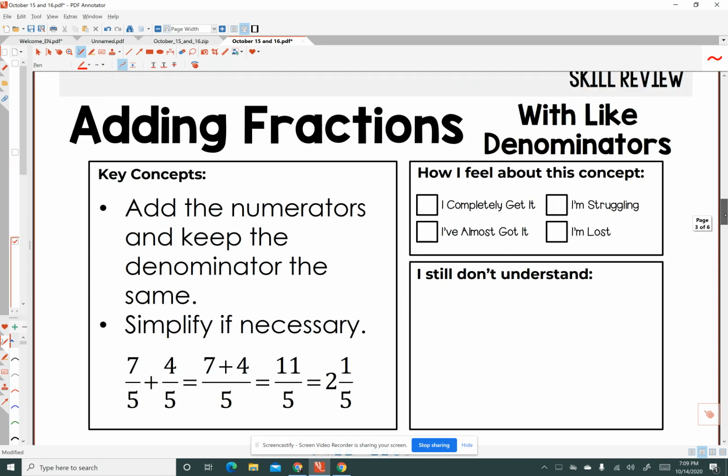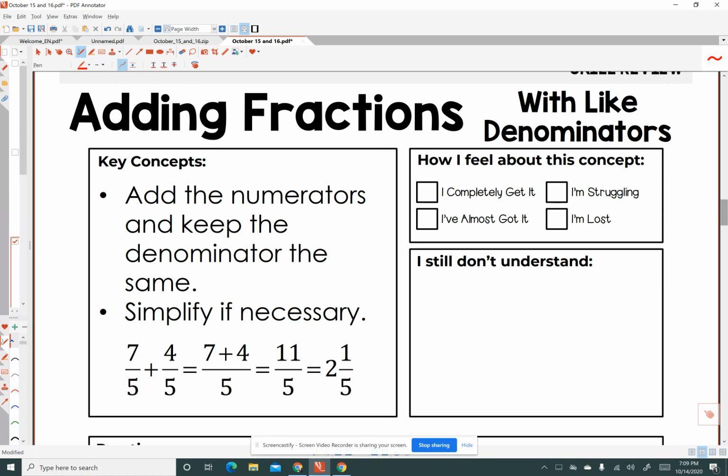First, we're going to start with fractions that have like denominators. So this is the numerator, and this is the denominator. We have this example here of 7/5 plus 4/5.